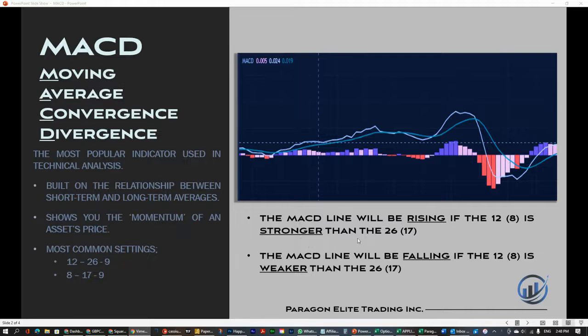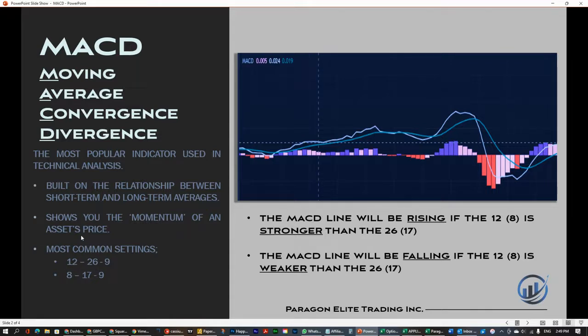So what that means is there's an indicator line, which in this graphic is the lighter blue. And then there is both the slower and the moving averages that you set. And usually the default settings are 12, 26, 9, which are the number of periods.